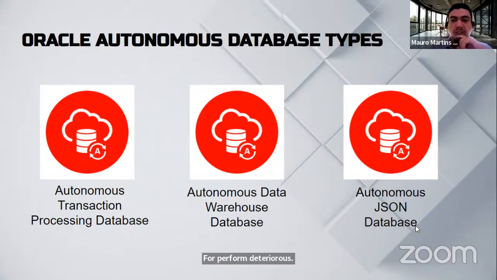And the Autonomous JSON database is like MongoDB. It is a database based on documents. Okay, but with all the Oracle infrastructure and all the Oracle features. It is a powerful database for JSON.